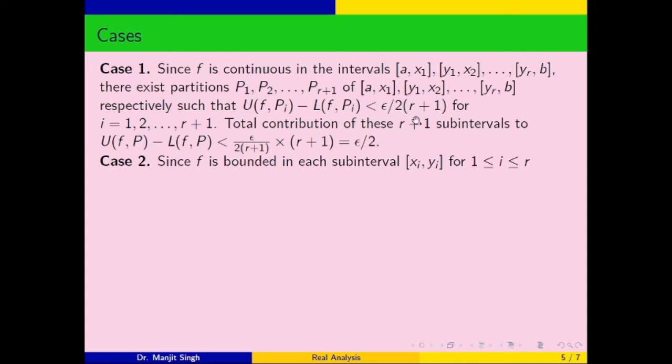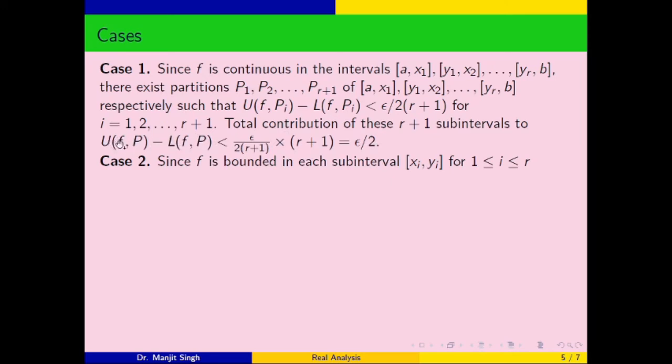So the total contribution of these subintervals in this difference will be less than epsilon upon 2(r+1) into (r+1). It is very simple. We can see that the total contribution cannot exceed epsilon by 2 in this oscillatory sum.